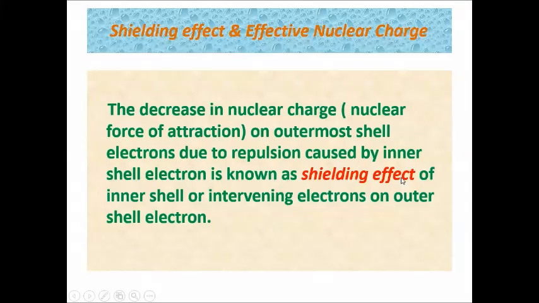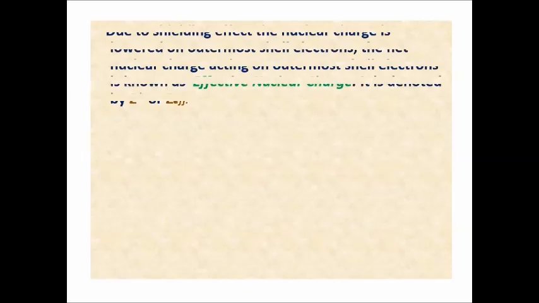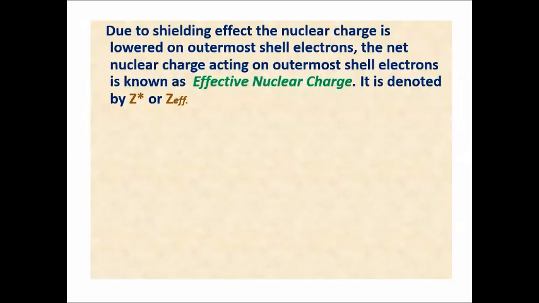So if we have a number of orbits, the outermost electron will have a very low nuclear charge. Why? Because the inner electrons are pulled towards the nucleus, and these inner electrons will have some repulsion towards the outer ones. So what happens? The nuclear charge decreases. Due to the shielding effect, the nuclear charge is lowered on the outermost shell electrons.